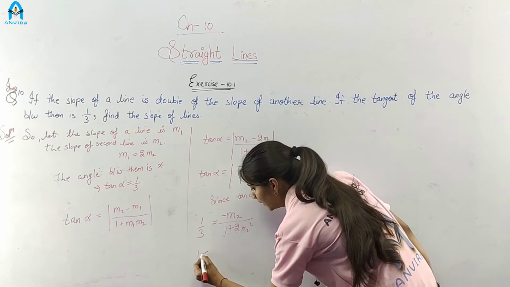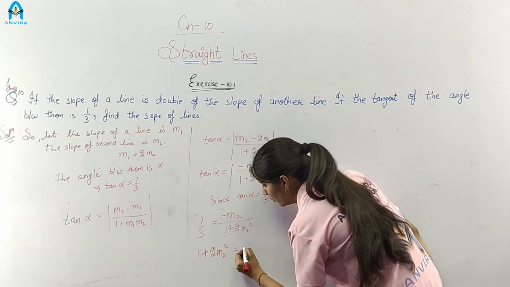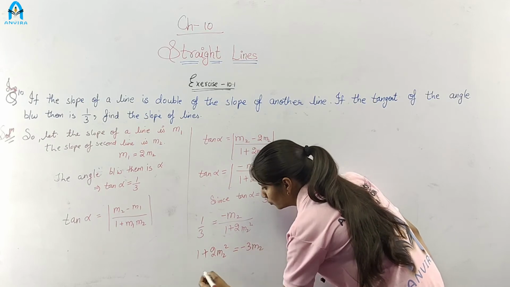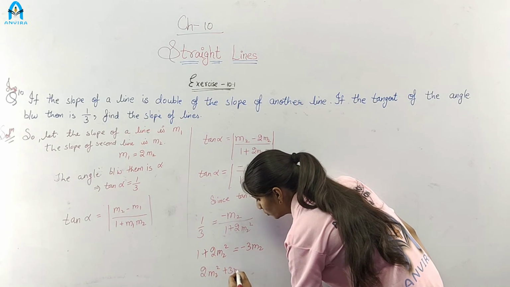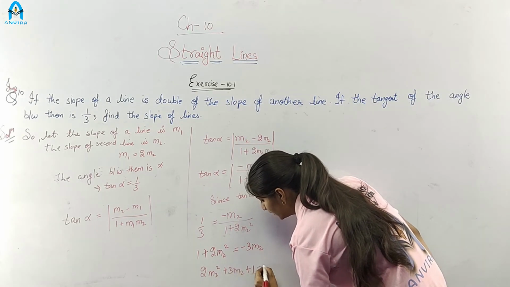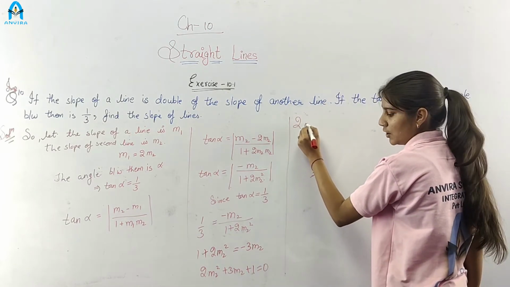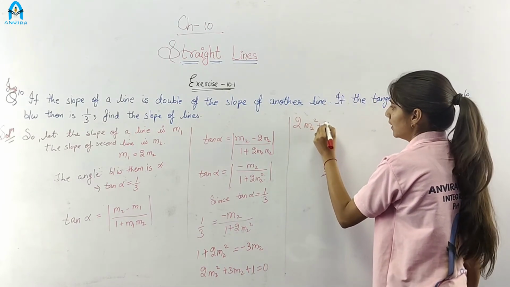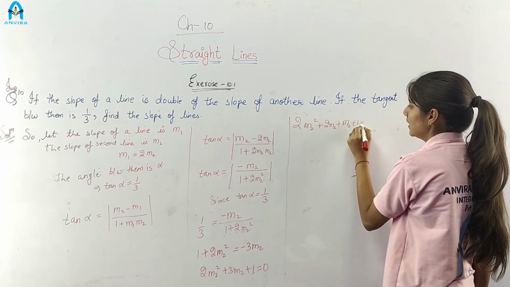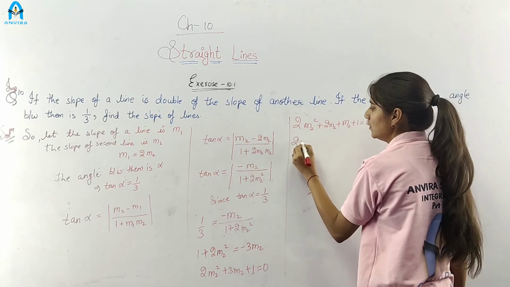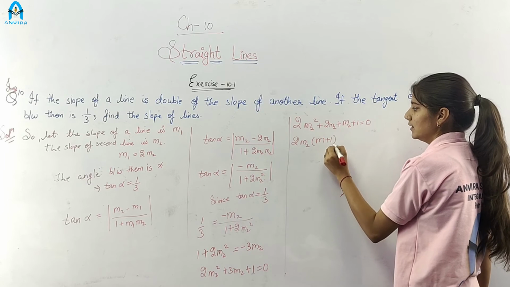Now 1 plus 2m2 square is equal to minus 3m2. So 2m2 square plus 3m2 plus 1 is equal to 0. By factorizing it, we will get 2m2 square plus 2m2 plus m2 plus 1 is equal to 0. Taking 2m2 common, I will get m2 plus 1.